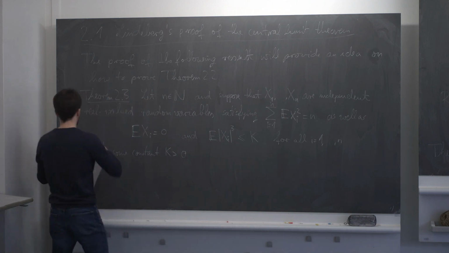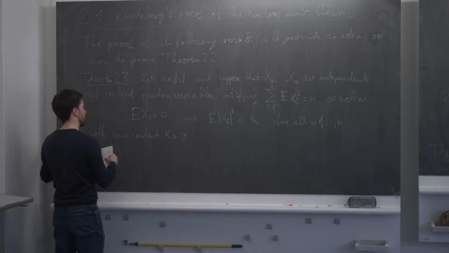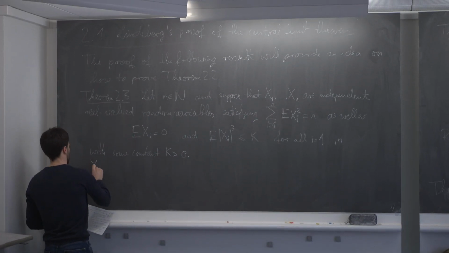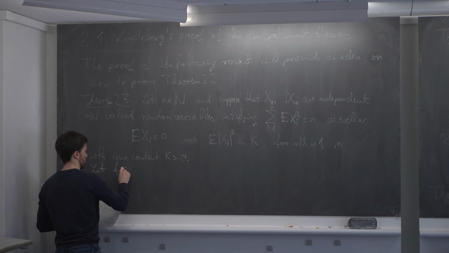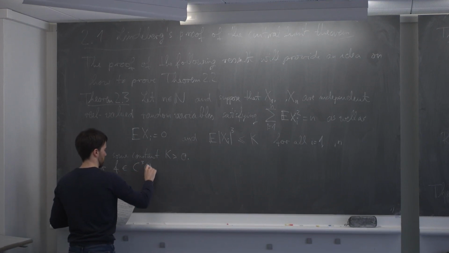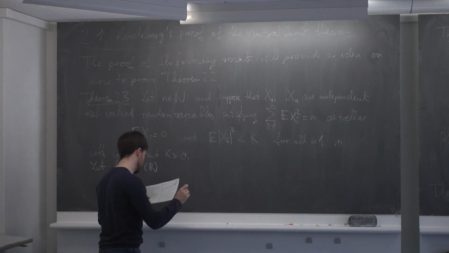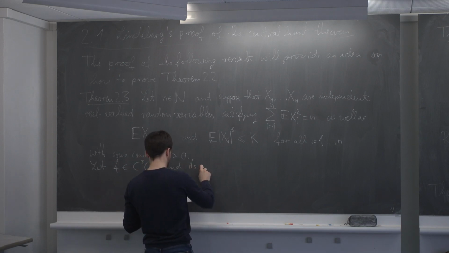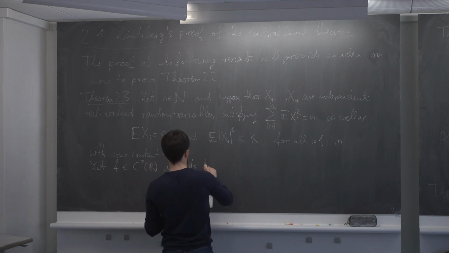And then what's the statement? Well, we now take a function f. Here for simplicity, we just use that it's C3. And we assume that f and its first three derivatives are all bounded.